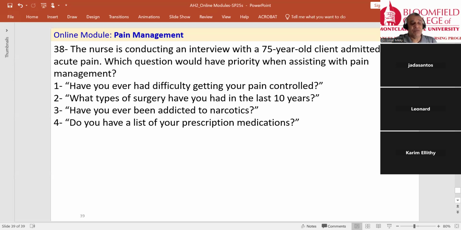It's important and necessary, but asking for a list of meds will not address the client's pain management. It's kind of irrelevant at this point while we are looking at the number 1 strategy to alleviate the patient's pain.